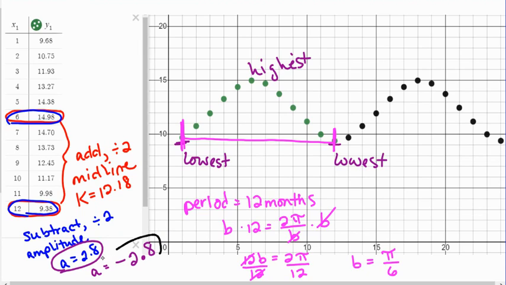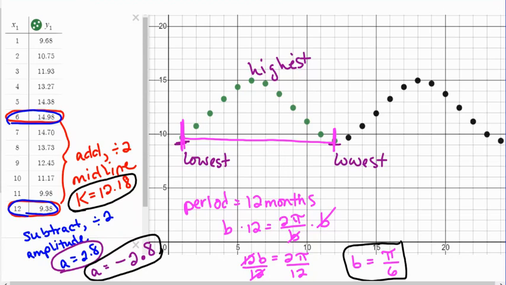Okay, so what does this look like if we put everything together? We've got an a value, we've got a k value, and we've got a b value. Okay, and what I would really like to type is y equals the a value, so negative 2.8 cosine of b times x. So that's going to be pi over 6 times x, and then move it up.